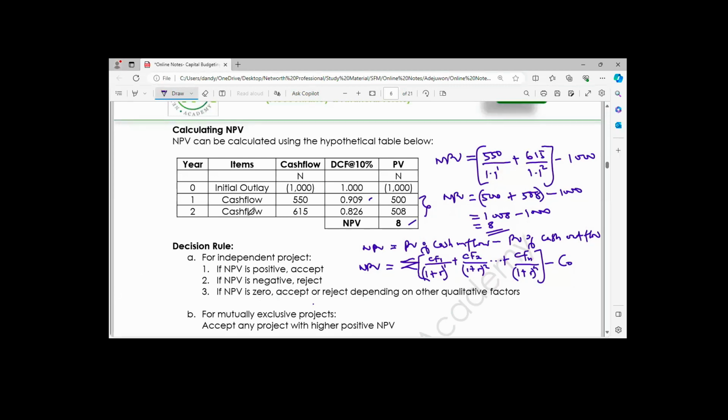So now let's talk about the decision rule under net present value. What are the decision rules? For independent projects, accept if NPV is positive.